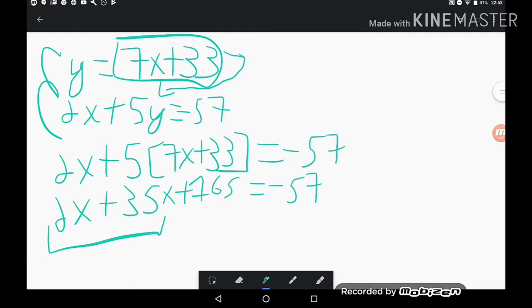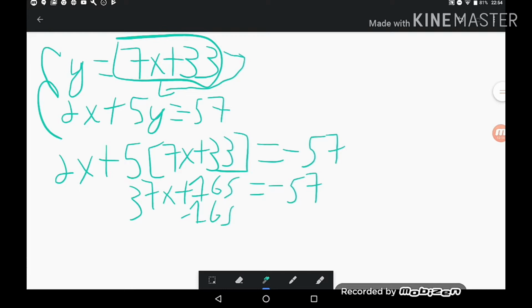Like terms, combine them, and this is what you get. 37x plus 165 equals negative 57. Negative 165 on both sides.